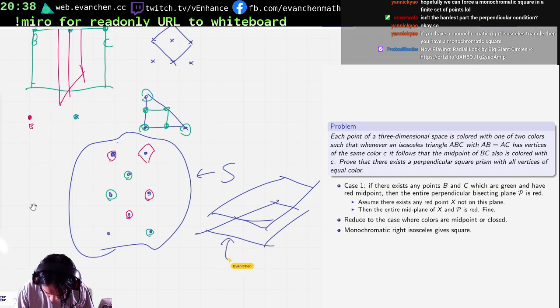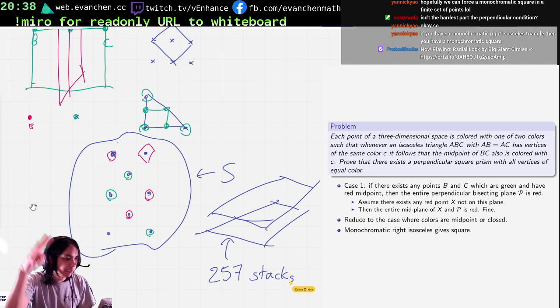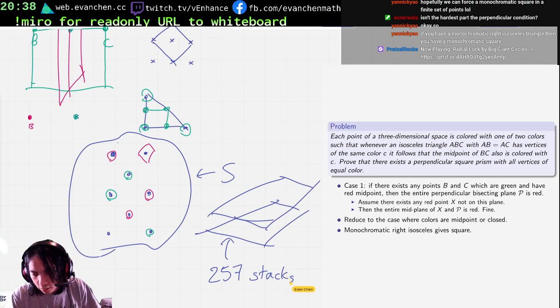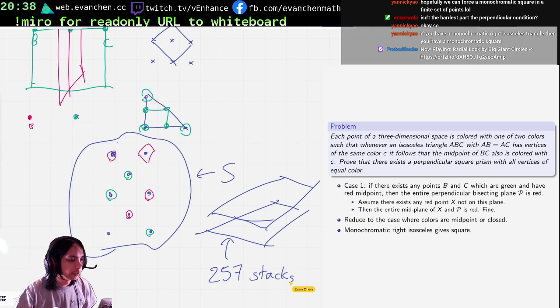I don't know, take like 1, 2, 3, 4, 5, 6, 7. Take like 257 stacks. This is overkill. You can do it in less. You just take 257 copies of this, stack it up. And now 2 of the stacks will have the same colored pattern, and then from that color pattern you extract the square prism that you want, the end.